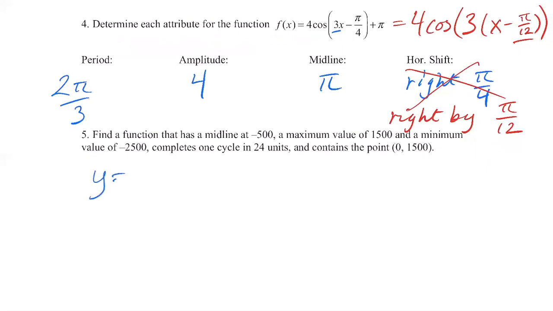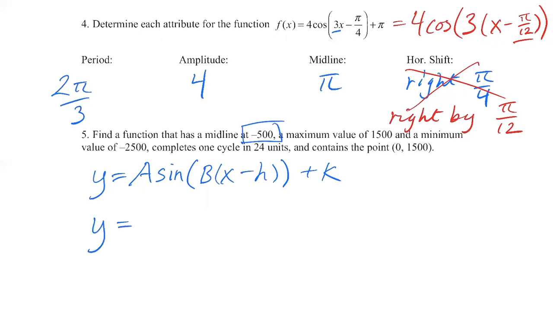So we know that our basic form is that it'd be a times the sine of b times x minus h plus k. Okay, let's see what we can go ahead and add in here. Well, we know that the midline is negative 500, so I can make this y equals stuff times sine of stuff times x minus stuff minus 500.